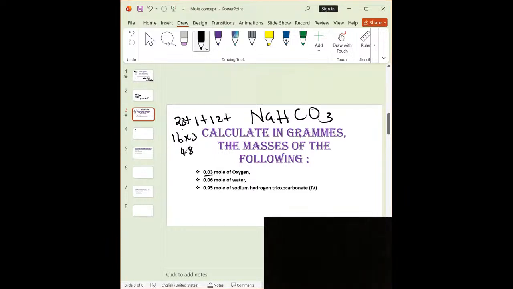Add 48 plus 23 plus 1 plus 12. What's the answer? Remember, 23 plus 1 will be 24. 24 plus 12 will be 36. And then the answer is 84 grams per mole.